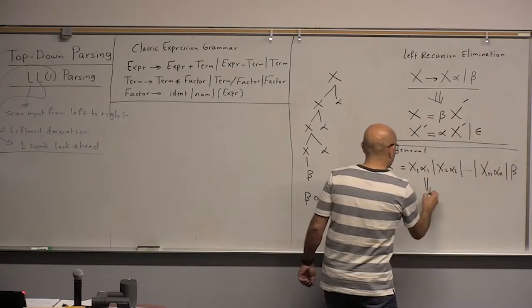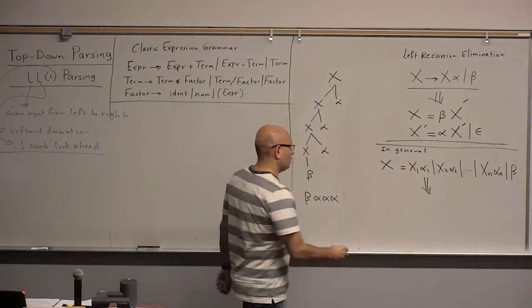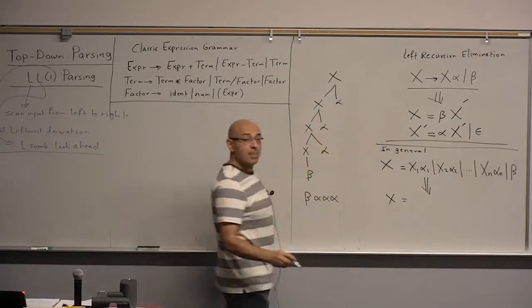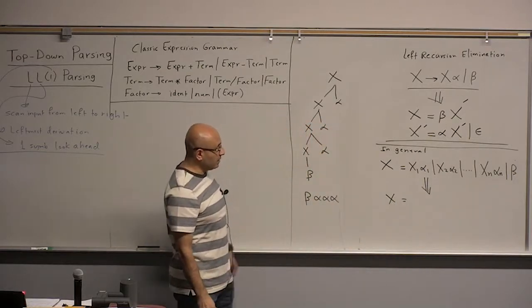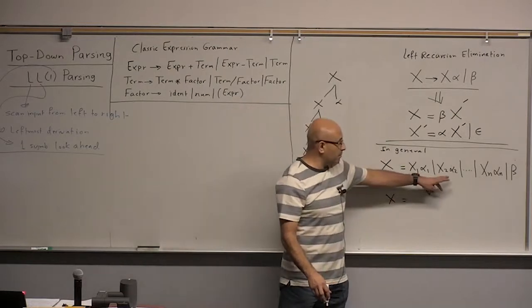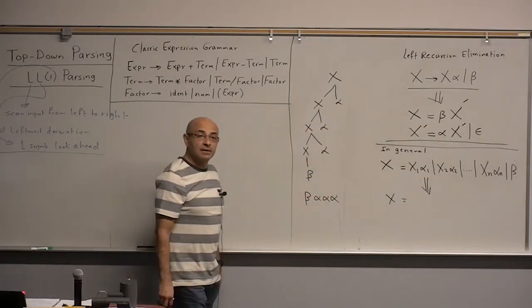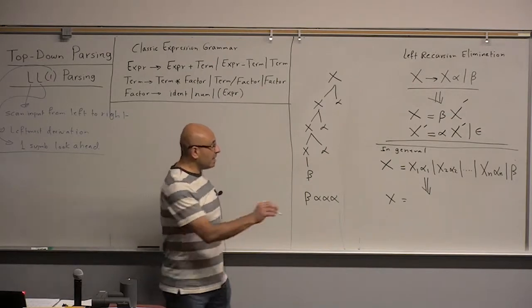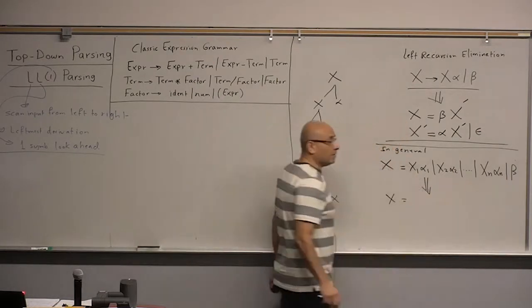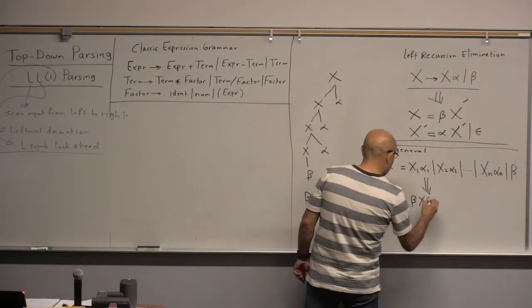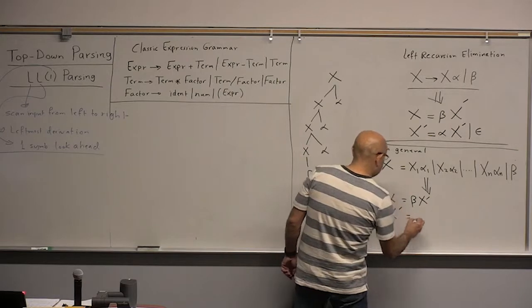This is equivalent to what? So in general, if there are multiple left recursive productions for x, how do I convert this to the right recursive format? I will still have the beta in the beginning. Any of them will have to start with a beta. So it's going to be beta x prime, where x prime in this case is.